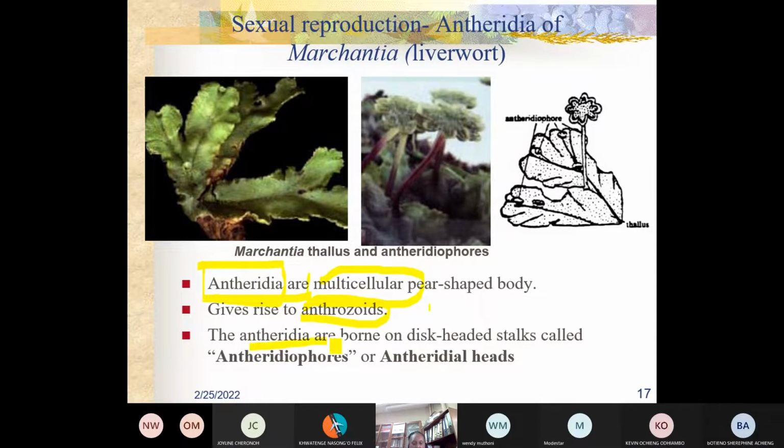The antheridia is usually housed in a structure that we call antheridial heads. So this is an antheridial head. Then, you can see it is found above the thallus. You can actually see this thallus and how it divides.